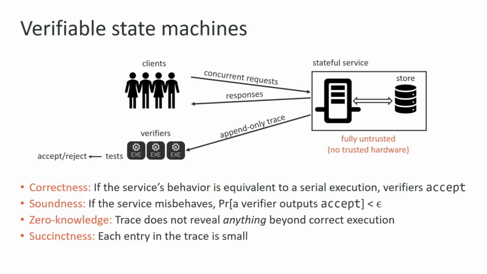Third, the trace itself is zero knowledge. That is, it does not reveal anything about the requests or the responses or the internal state of the service beyond the validity of the correct request execution. Finally, we require each entry in this trace to be small, for example, a few hundred bytes.